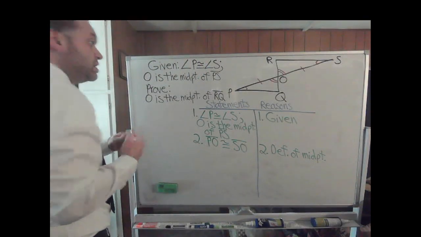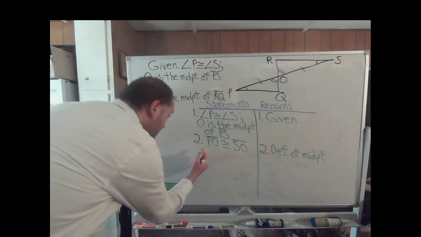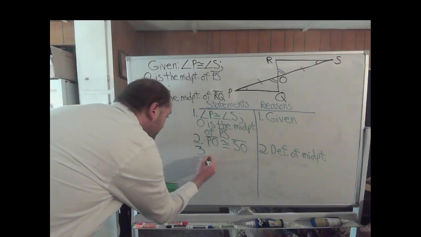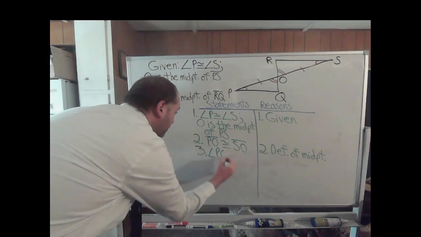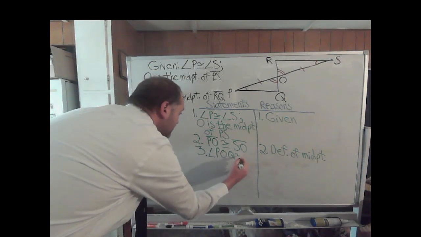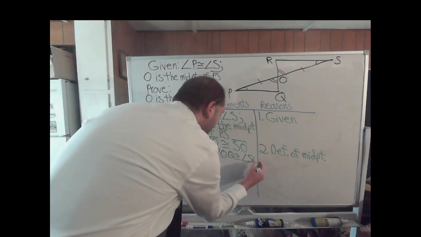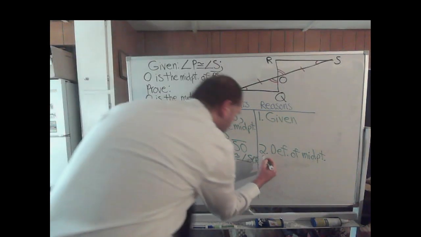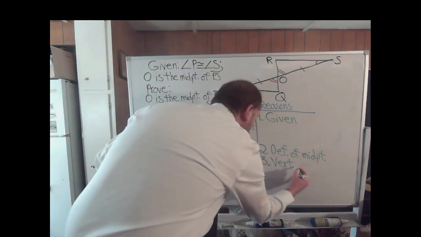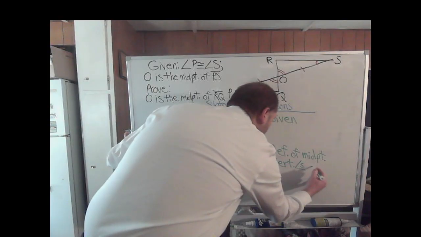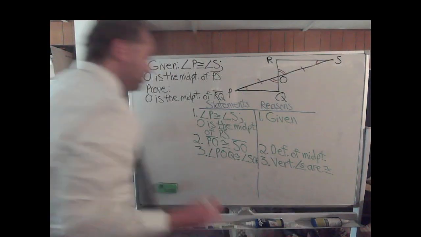So now we can actually go ahead and say for step 3 that angle POQ is congruent to angle SOR. Why? What's the reason? The reason is vertical angles are congruent.